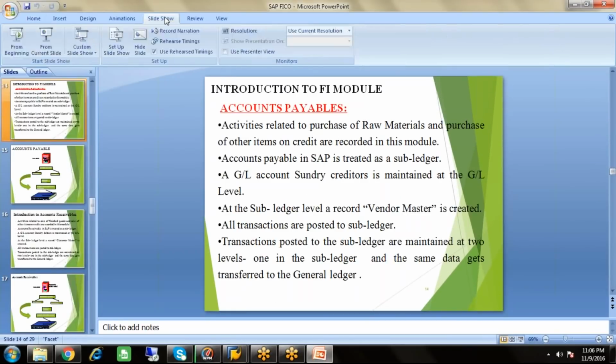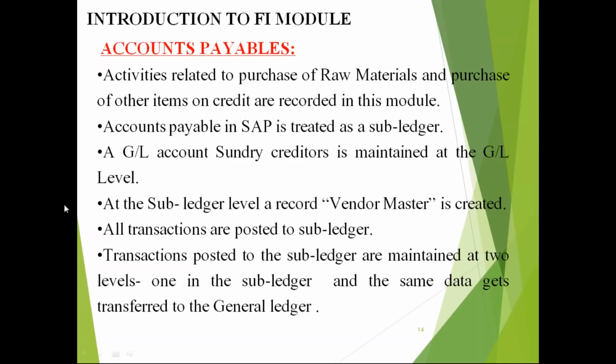Okay, so we are talking about accounts payable. So when we talk about payables, our area of focus is more on the credit purchases, especially the raw materials, because the moment we talk about any kind of manufacturing concern, the major purchases would be the raw materials, which will be on a continuous basis.